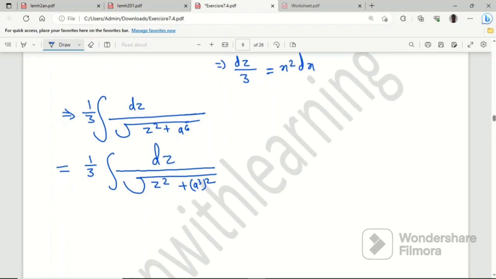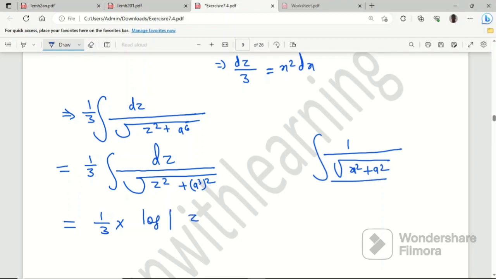So the formula for this will be 1 by 3 into, it will give me under root z square plus a to the power 6. So what is the formula for this? It is in the form of integration 1 by under root x square plus a square. So it will be log x plus under root x square plus a square. Since a to the power 6 is constant, there is no problem at all.